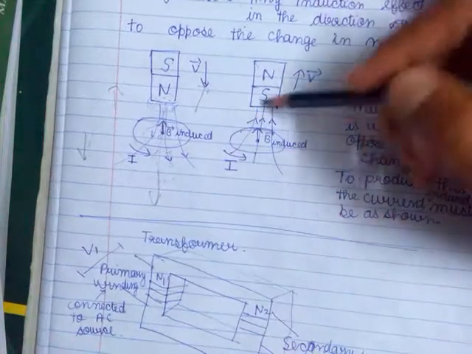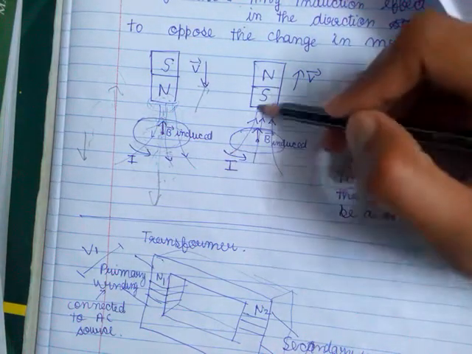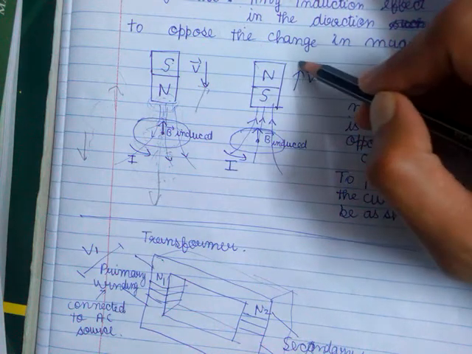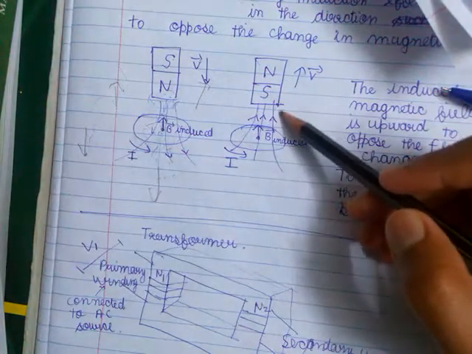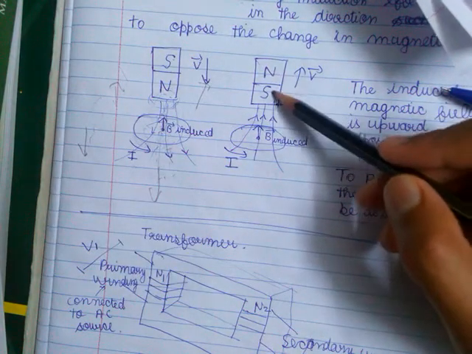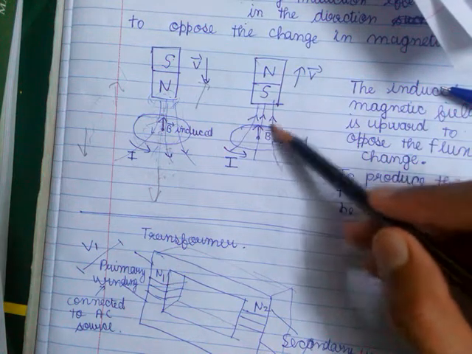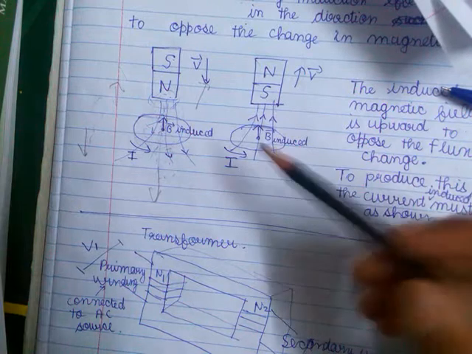Let's take another example. When we have the south pole here, the magnetic field lines are like this, and when you move it upwards, so in this case, when we have the south pole aligned downwards and the magnet moves upward, you can see that the upward flux decreases. How is that?